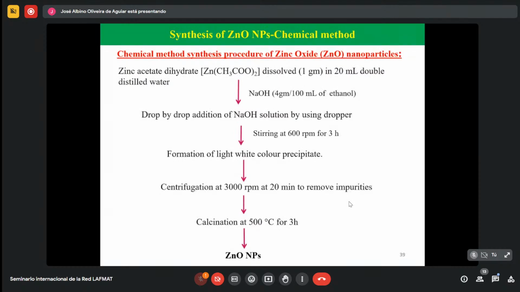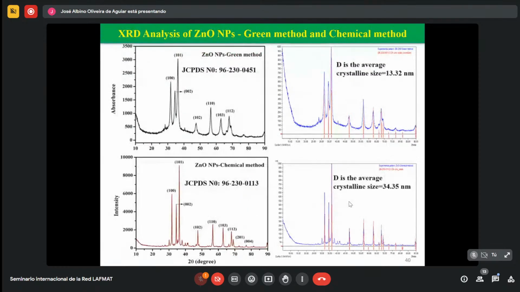So here the green method was developed using plant extract. Yeah, next. So this is the chemical method. The XRD patterns of zinc oxide nanomaterial by green method and chemical method. For the green method, the crystalline size is about 30 nanometers.